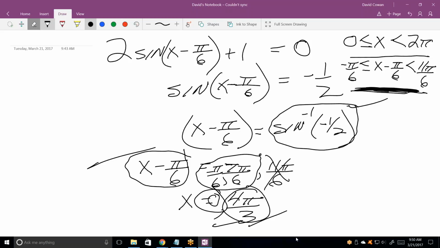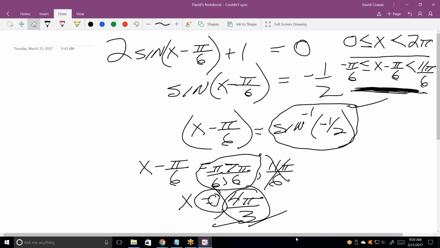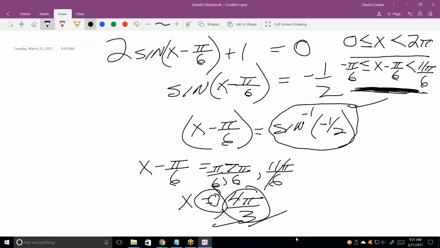Because when you go to solve this equation right here, you can't see where I'm pointing, when I go to solve this equation, I have to know whether my answers are 7 pi over 6 or 11 pi over 6, or minus pi over 6 and 7 pi over 6.